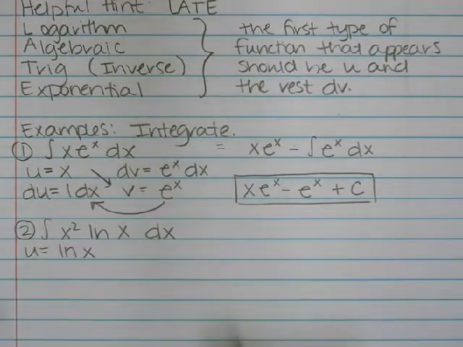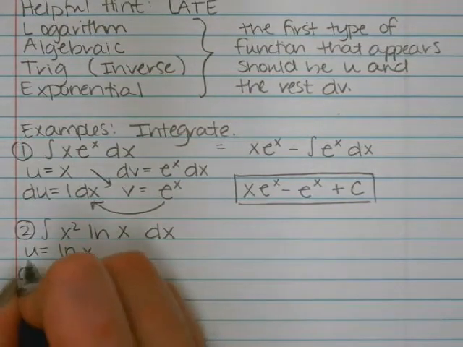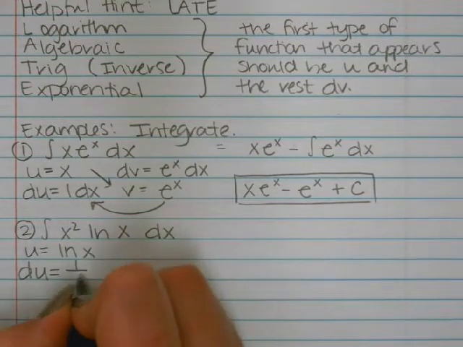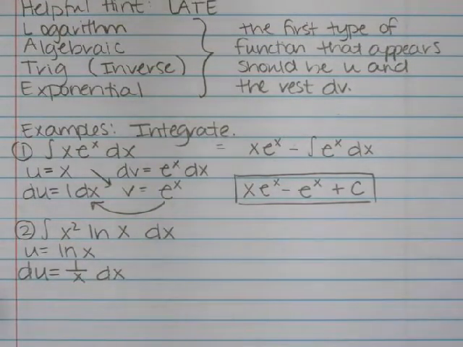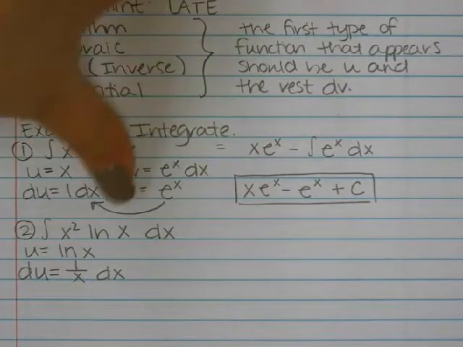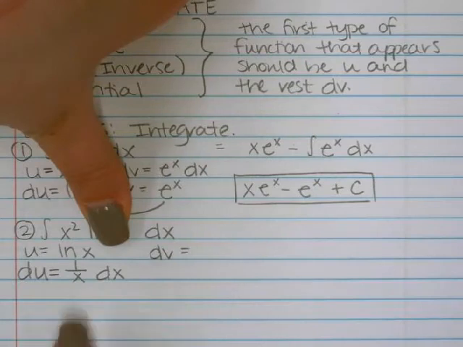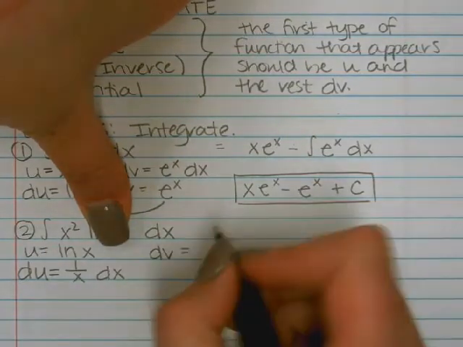So I've got ln x as u. Then I need to know what the derivative of u is. The derivative of ln x is 1 over x dx. And then to figure out what my dv is, I cover up that, and the rest of this is all dv. So x squared dx is the dv.